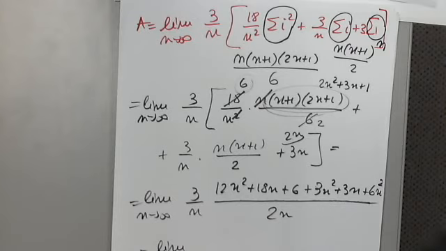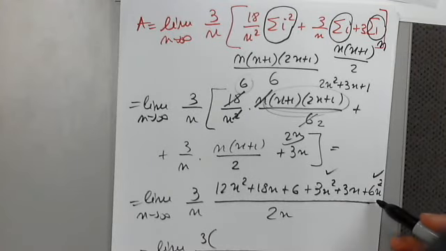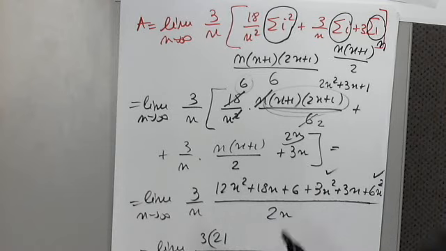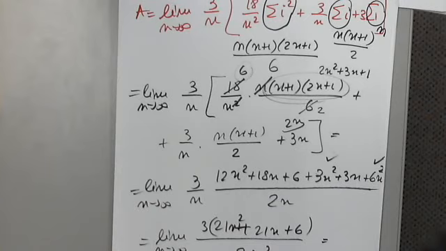So limit n approaches infinity, the denominator is 2n squared, 3 times 6 plus 3, 9, 3 plus 12, 21. Now plus n squared, of course, plus 21n and plus 6. And the leading coefficient is 63. The leading coefficient at the bottom is 2. And we did get 63 divided by 2, as we expected.